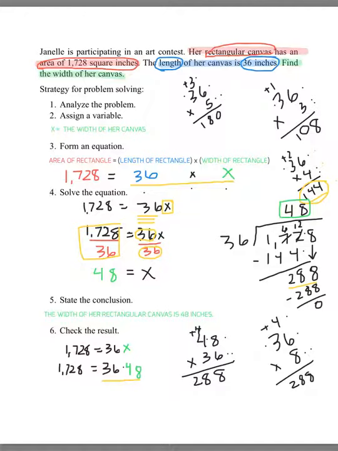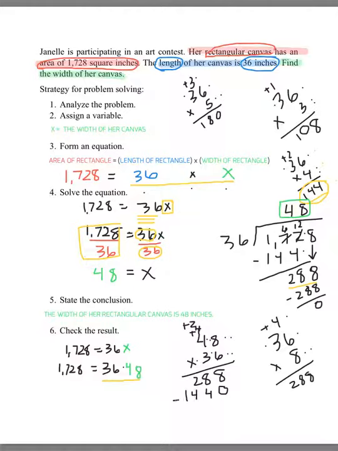So now we're going to do 3 times the 48. We're going to need a 0 for a placeholder. So then 3 times 8 is 24. So we'll bring down the 4 and make a note to add 2. So then we're going to do 3 times 4, which is 12. Plus 2 gives us a 14.